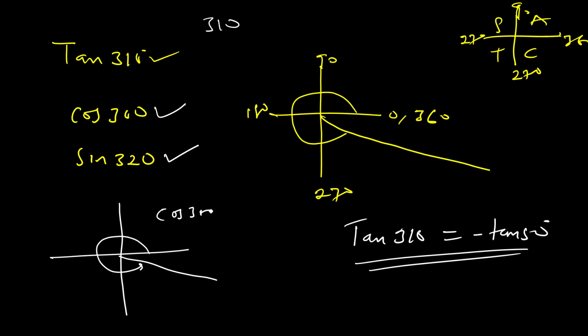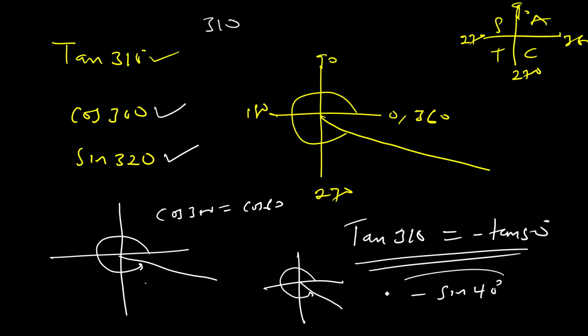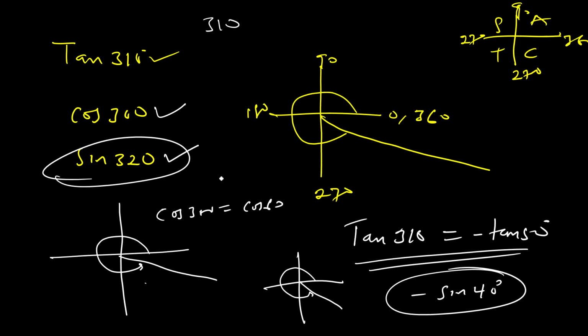So cos 300 is the same as cos 60 because this side is for cos. Then talking about sine 320, so plus 40, so we have negative sine 40, which is the same as sine 320.